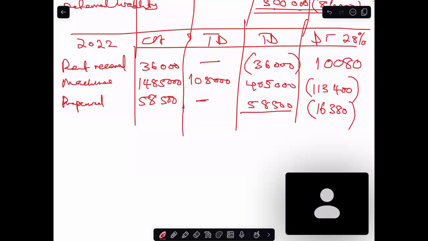Remember, this is 40,500 and this is 58,500, so it should be around double. Which one is which? We have different answers.